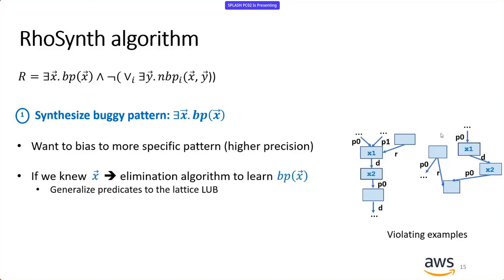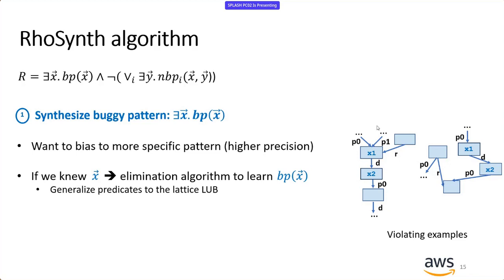If we knew the mapping X between nodes in these two violating examples, then one can use a fairly straightforward elimination algorithm to learn a buggy pattern over these variables X. The elimination algorithm is a basic algorithm for learning conjunctions of predicates.